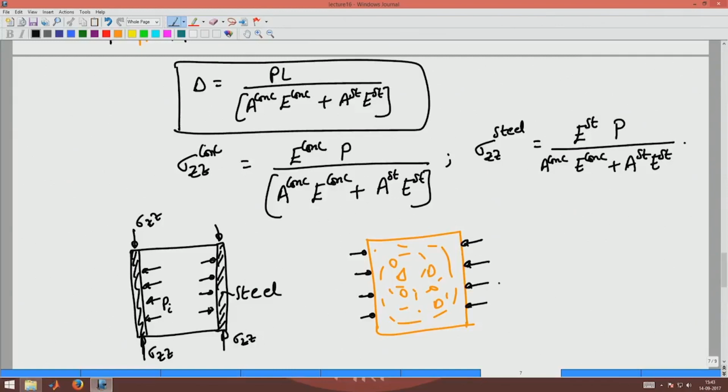This concrete cylinder will be subjected to an external pressure Pi, and it will also be subjected to an axial compression along its circular cross section, which is sigma ZZ of concrete. This is sigma ZZ of steel. Okay. Now, the state of stress is no longer uniaxial, it is biaxial to say the least, if not triaxial.